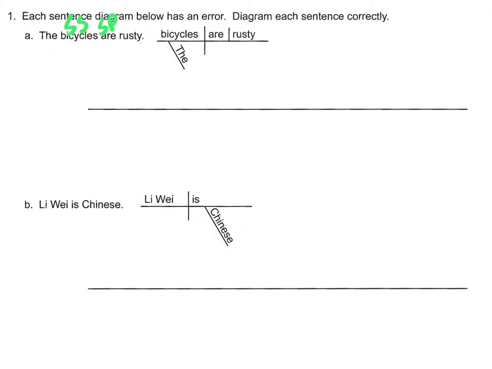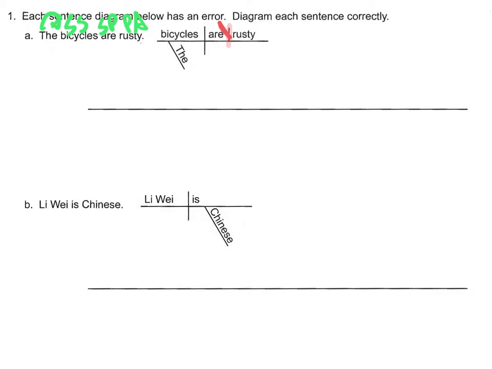Exist as what? Rusty. So predicate adjective. Rusty describes bicycles. Which bicycles? The bicycles. So the way they screwed this one up is that they put a direct object line here when it needs to be a backslash pointing back from rusty to bicycles.